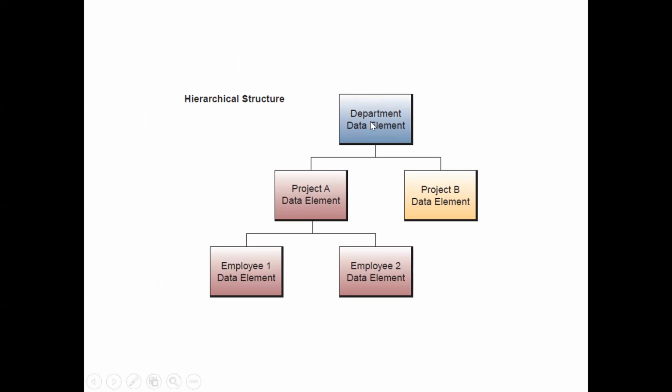This is the higher level. Inside that you put data about project A. Here you put data about project B, and then you go a step down and put data about employee 1, employee 2. So this is a hierarchical structure.